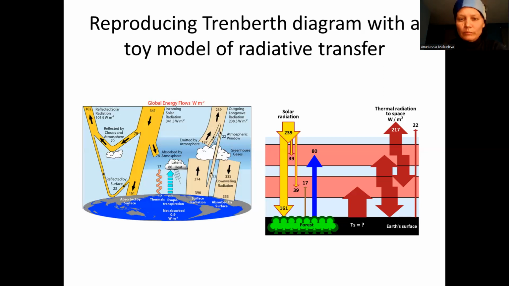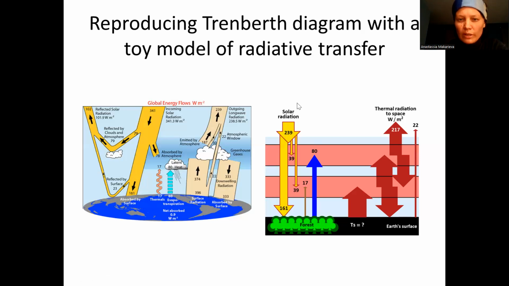So this is what about solar radiation, and we also consider sensible heat and latent heat, and let sensible heat transfer to thermal radiation at the first layer and latent heat at the second layer, okay? And we also demand that we have energy conservation.